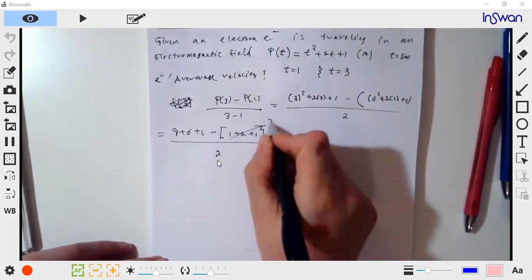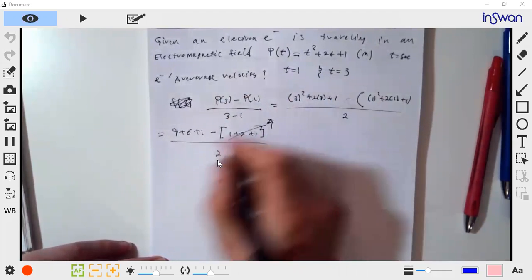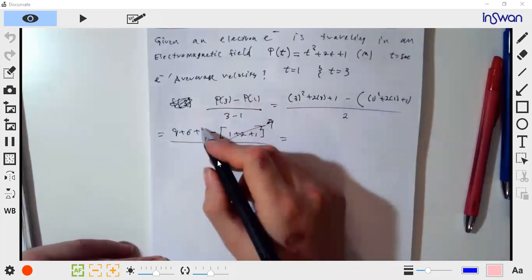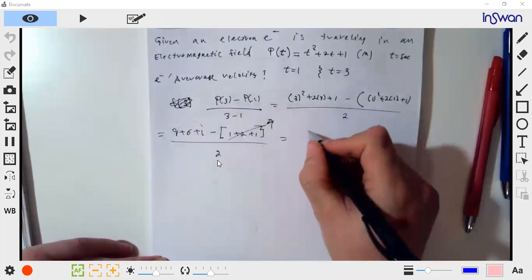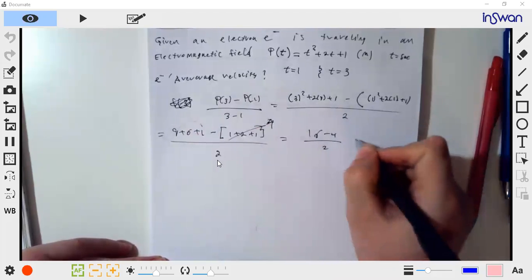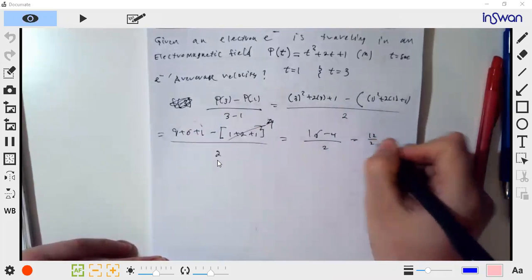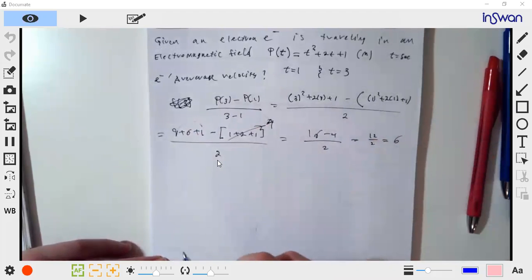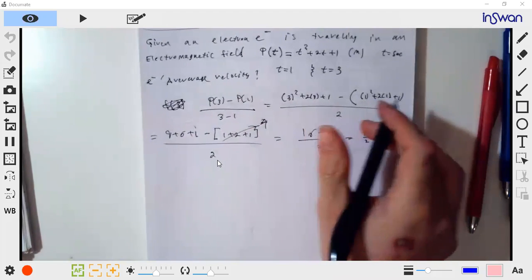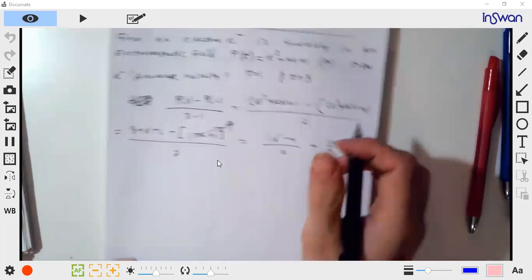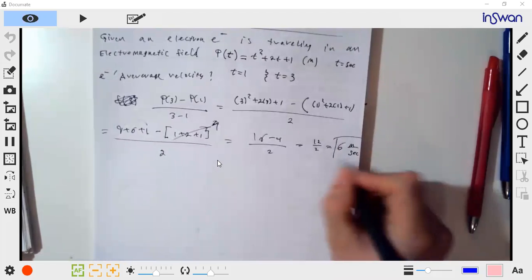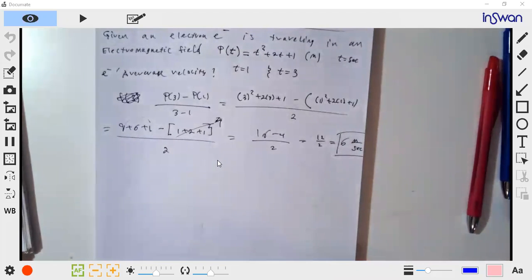This ends up becoming a 4. Okay, so minus 4. These combine to give me 10. This is 16 minus 4 all over 2. This is 12 over 2, which is the same thing as a 6. Aha! So the average velocity is going to be 6 meters per second between second 1 and second 3.